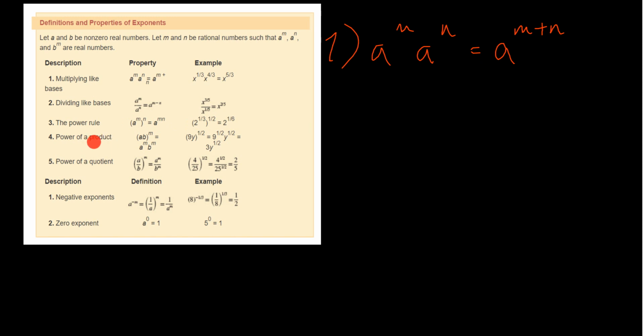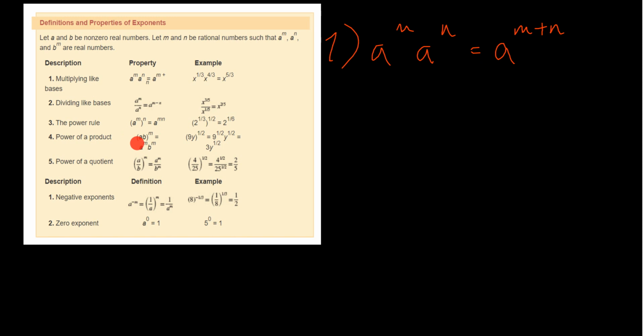Power of a product rule is kind of like the distributive property, but backwards. So a times b raised to the m power: we basically just take the exponent m and put it on both a and b.